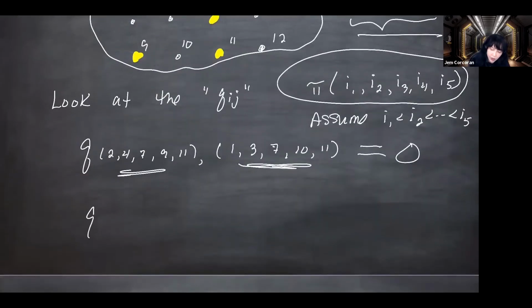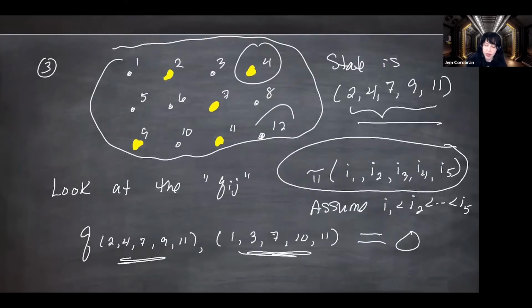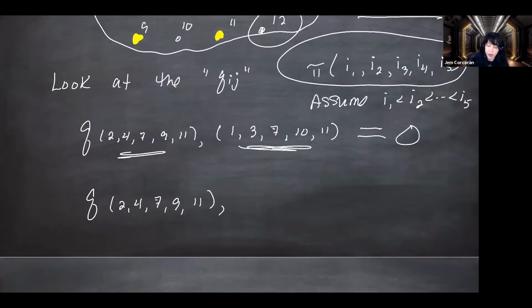So something like Q from 2, 4, 7, 9, 11, and let's say that the particle on 4 jumps to 12. Only one of them can jump. So that would mean we'd be going up to 2, 7, 9, 11, and 12.